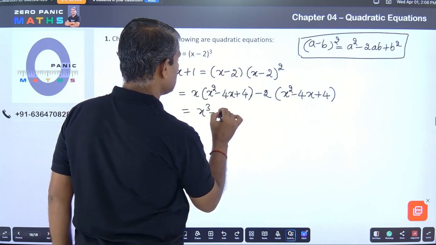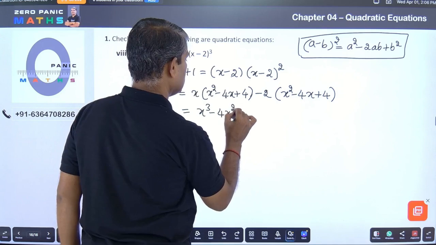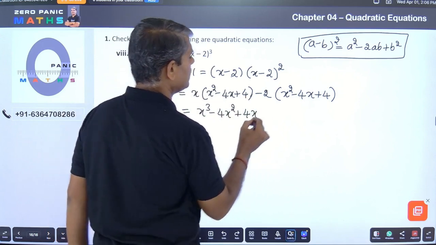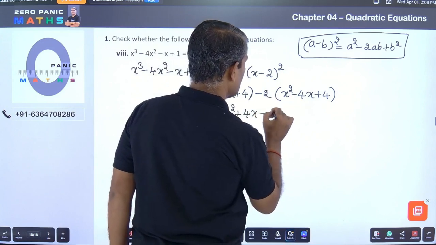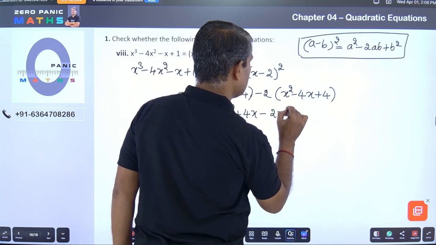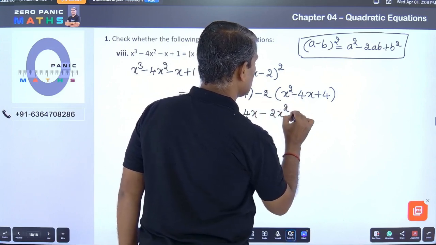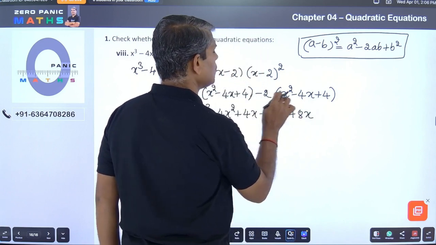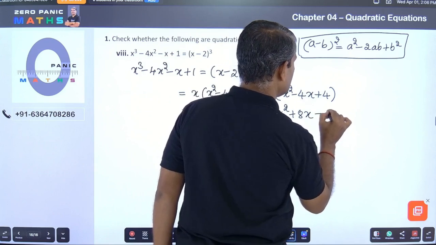Minus 4x square plus 4x. I'm multiplying x to all the terms. Now 2 to all the terms inside: minus 2x square, minus 2 into minus 4, that is plus 8x, minus 2 into plus 4, that is minus 8.